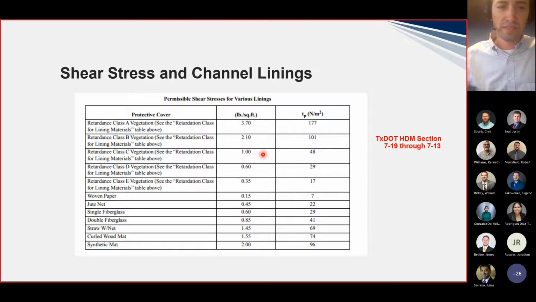And the TxDOT HDM has a list of different materials and channel linings and what their permissible shear stress levels are. You're basically going to make sure that the actual shear stress when you do your ditch calculations is less than the permissible shear stress when you're doing your design.